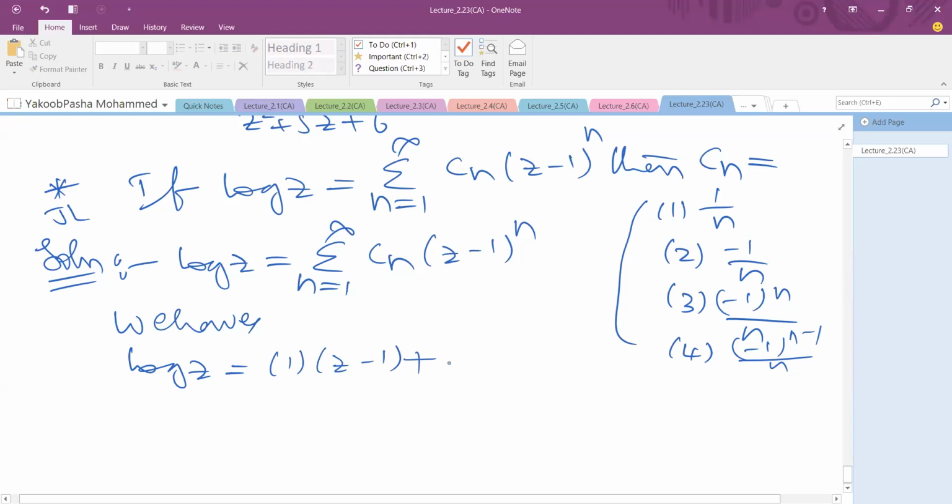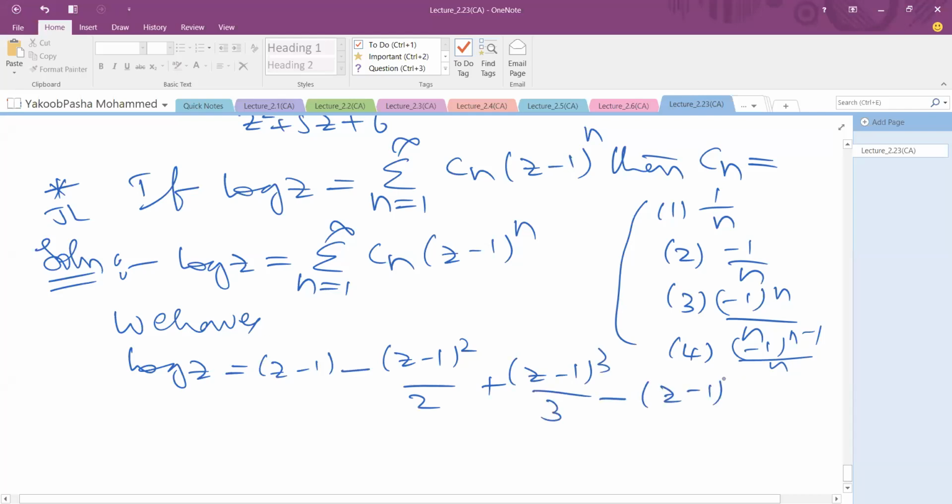Second term, when we take it directly, that is the expansion of log z is (z minus 1) minus (z minus 1) whole square by 2 plus (z minus 1) whole cube by 3 minus (z minus 1) whole to the power of 4 by 4 plus and so on. This is the expansion.